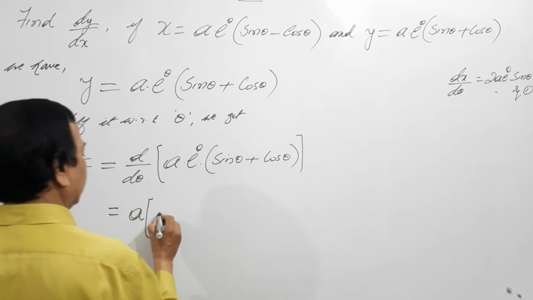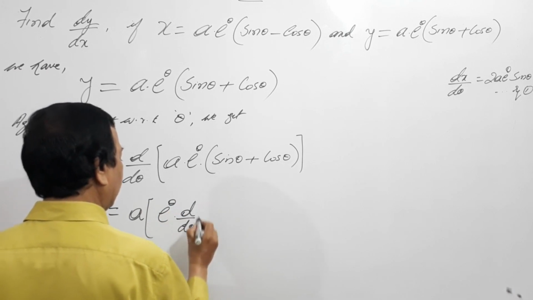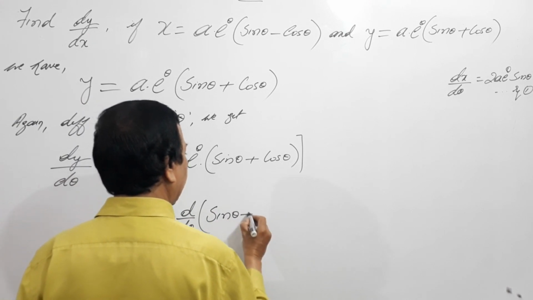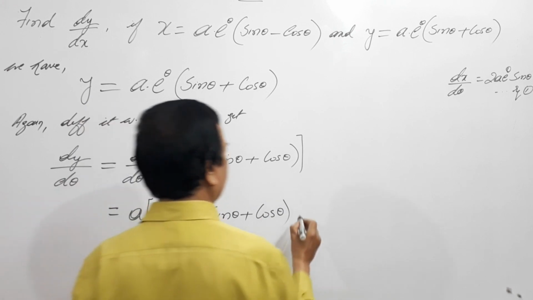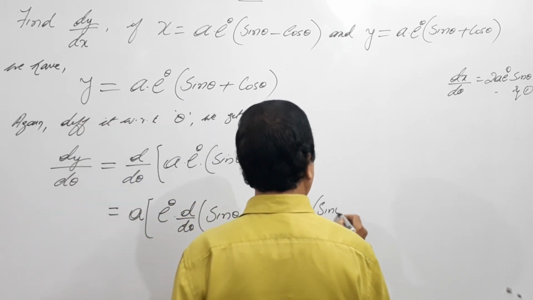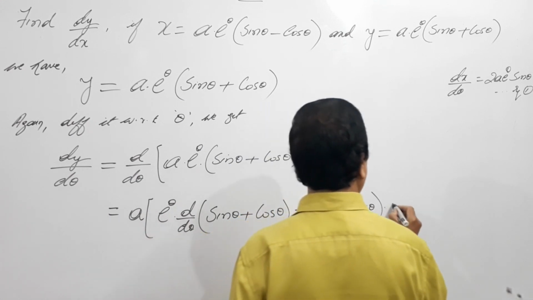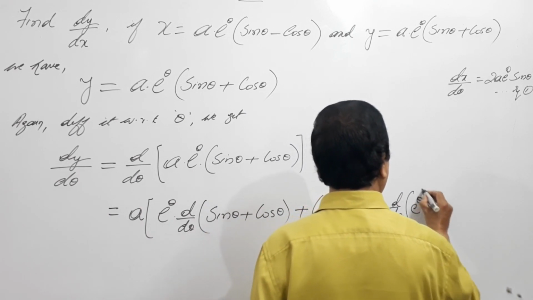So what happens here? e to the power of theta into d by d theta of sin theta plus cos theta, plus sin theta plus cos theta into d by d theta of e to the power of theta.